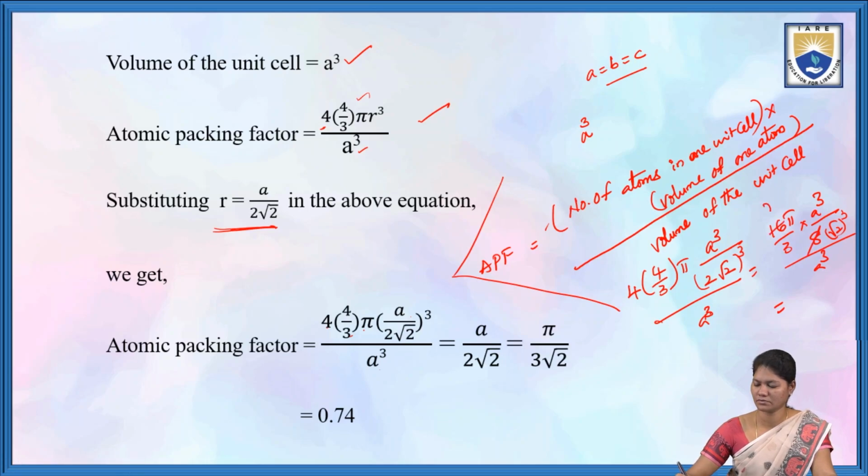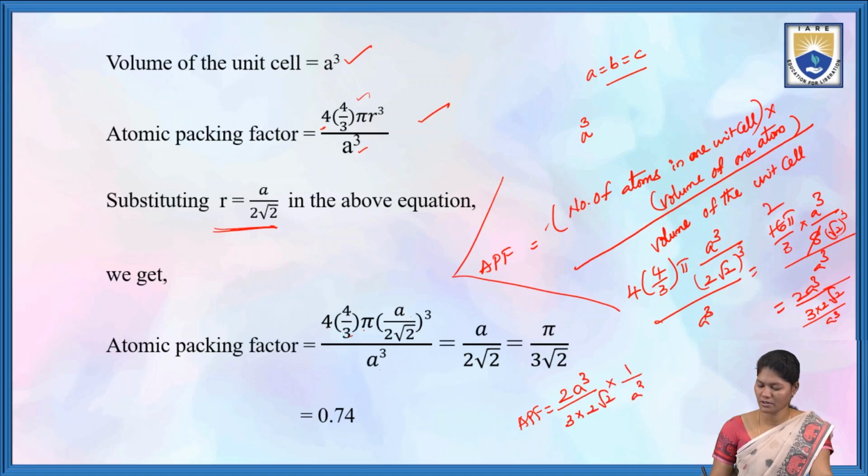So 2 A cube by 3, which can be written as 2 root 2. So the atomic packing factor is equal to 2 A cube divided by 3 into 2 root 2 into 1 by A cube.